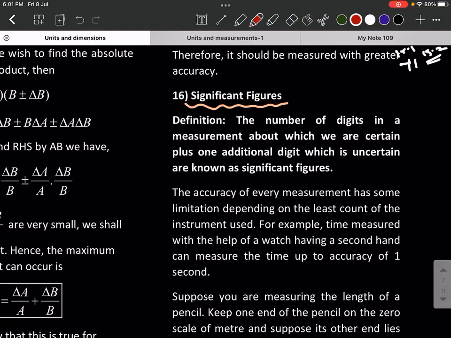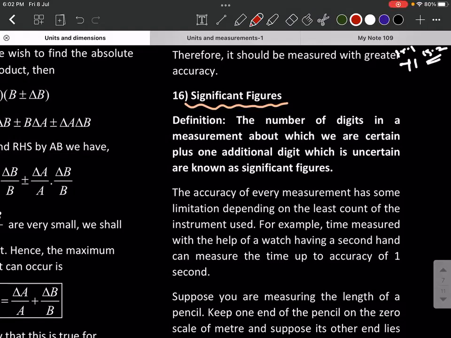The number of digits in a measurement about which we are certain. What do you mean by certain?